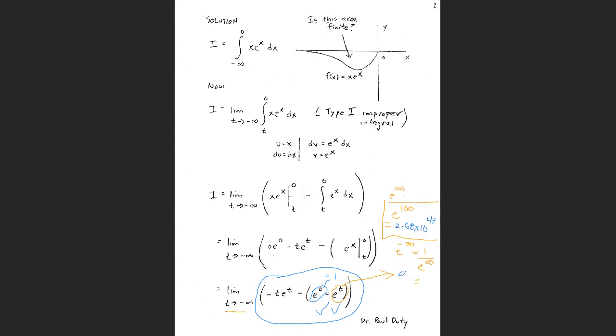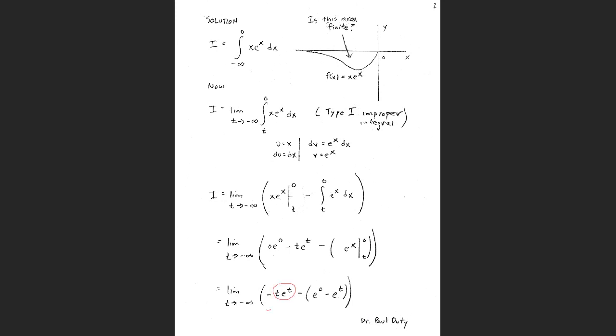Now we have to worry about the t times e to the t. Actually, hold on, let me see here. Yeah, I'll just look at t times e to the t.